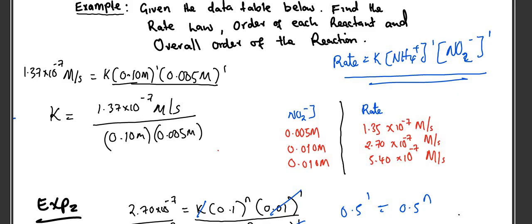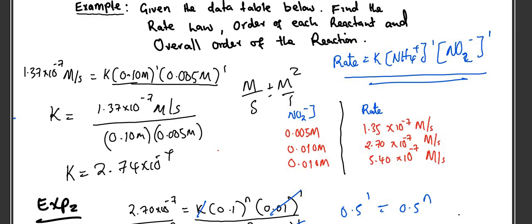According to my calculation, if I divide this by 0.1 times 0.005, my K is 2.74 times 10 to the power negative 4. The units are molarity per second divided by molarity squared, because this is M times M. Sorry, this is a 4 here.